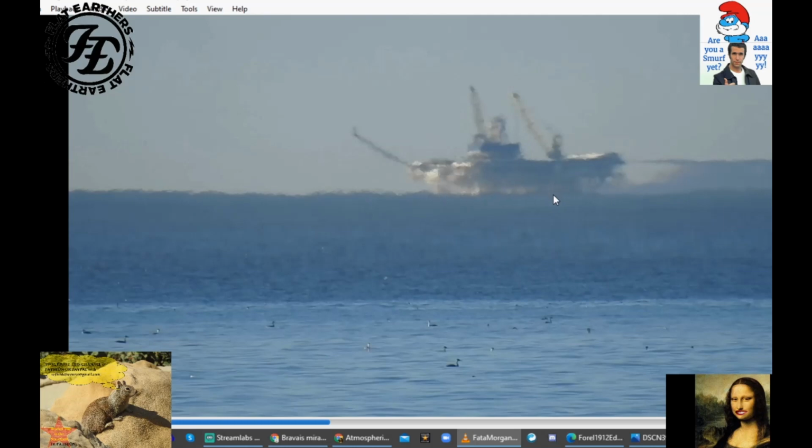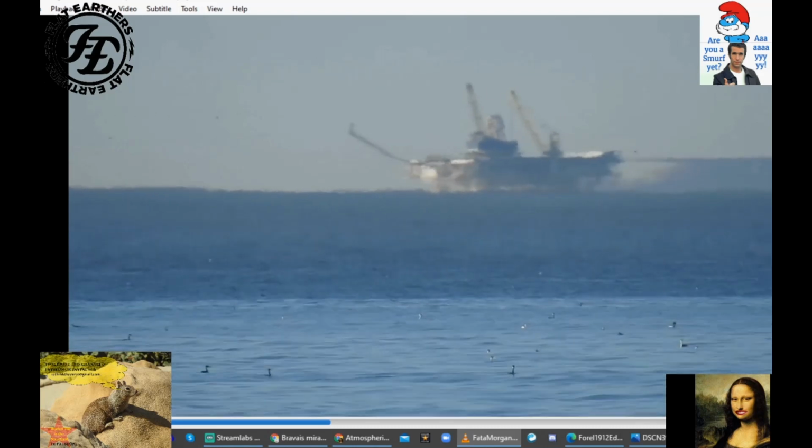The reason you can't resolve this stuff is because of the limit of your eye and the refraction that's in the air right now. It's a distorted image, but this is exactly where the base of the platform is. This thing is compressed. These things are stretched and distorted. All good stuff.